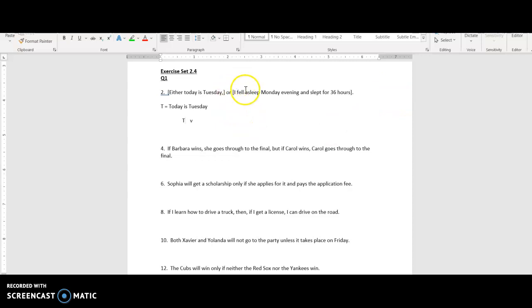Okay. So the right disjunct then is whatever comes after the or, and this right disjunct is going to have, as we already saw, a conjunction, right? This and here. So it's going to be T or something and something else. So the first conjunct there is I fell asleep Monday evening.